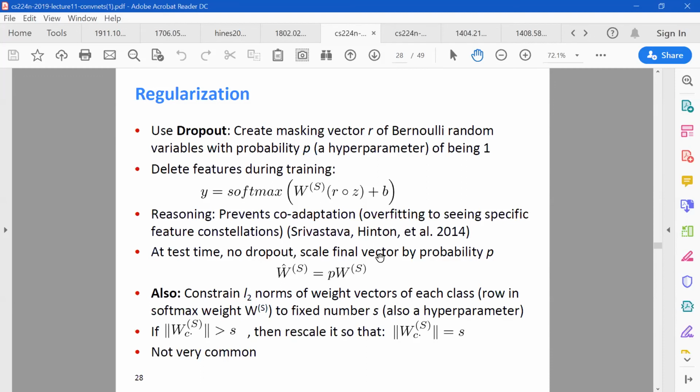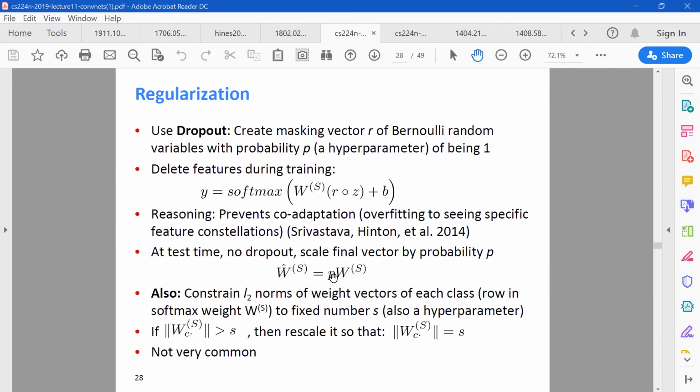Well, if you use dropout in your model, then since you're using fewer inputs, your outputs are going to be smaller because you haven't used as many of the inputs, and they're going to be smaller by some factor p, where p is the probability of dropout. So you have to scale so that when you don't use dropout, you have to correct by some kind of a scale factor.